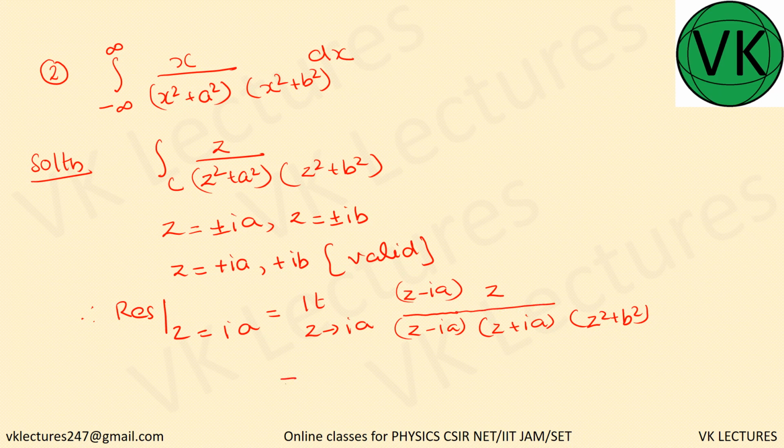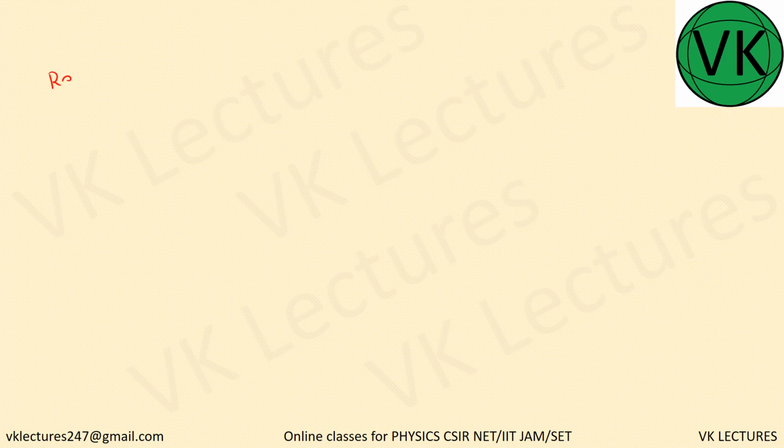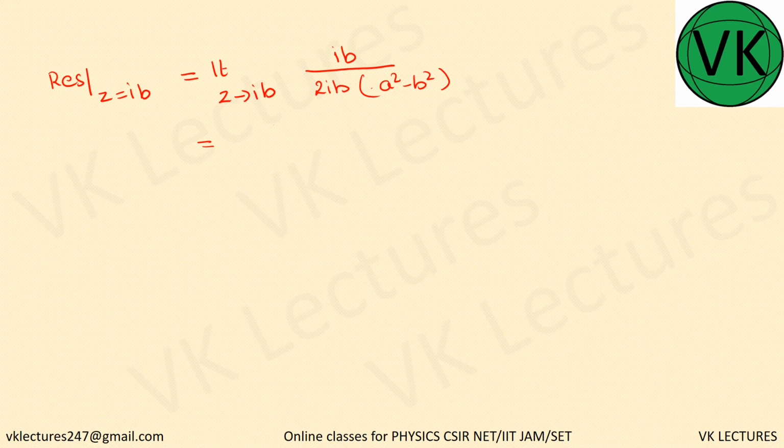So we got ia divided by 2ia into b square minus a square, that is equal to 1 by 2 into b square minus a square, and residue at z is equal to ib is equal to limit z tends to ib, divided by 2ib into a square minus b square, that is equal to 1 by 2 into a square minus b square.